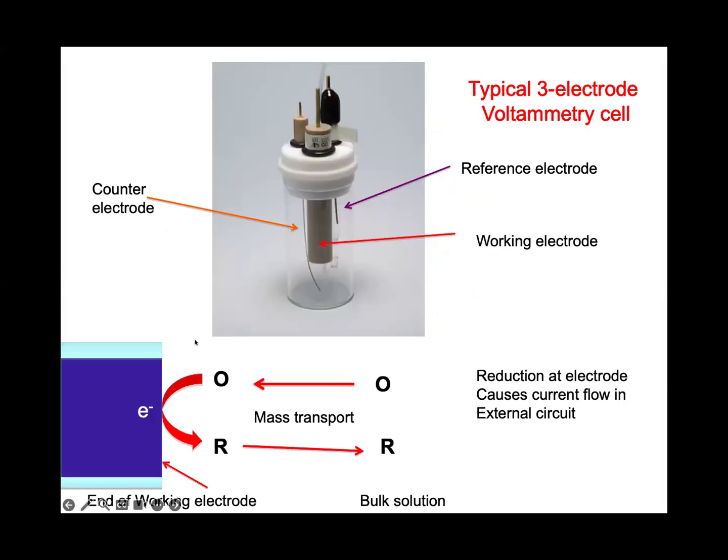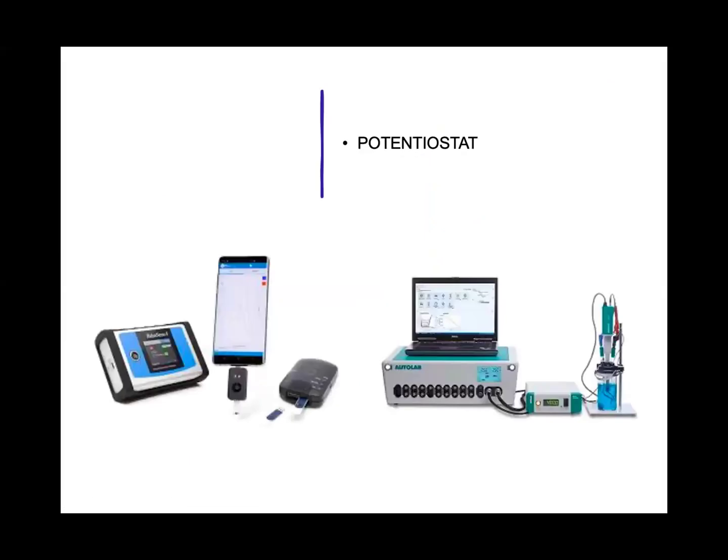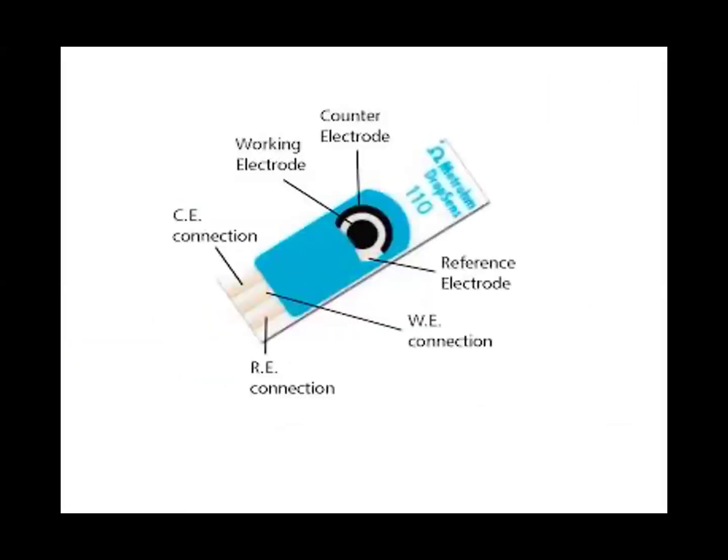If you look here, this is where the electrode connects to the potentiostat, and this is the electrode connected to the small potentiostat and analyzed in the app. Okay, so now this is where we start to work. The next slide will discuss more on what is happening on the working electrode.